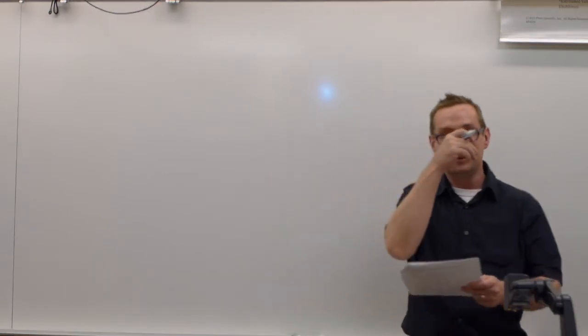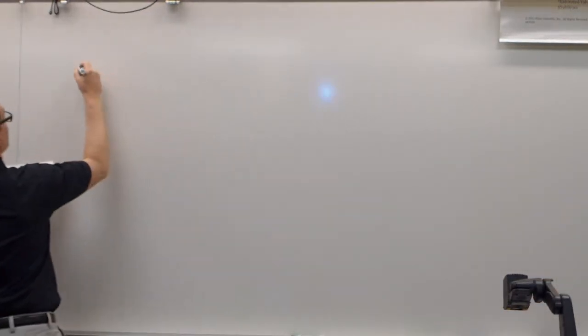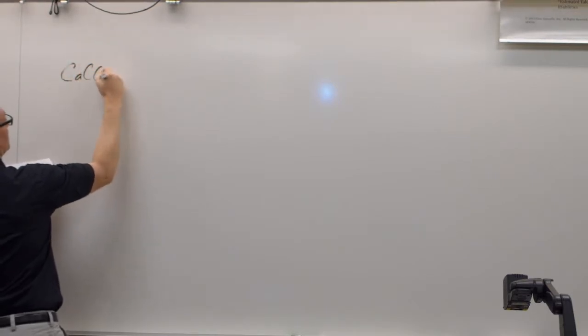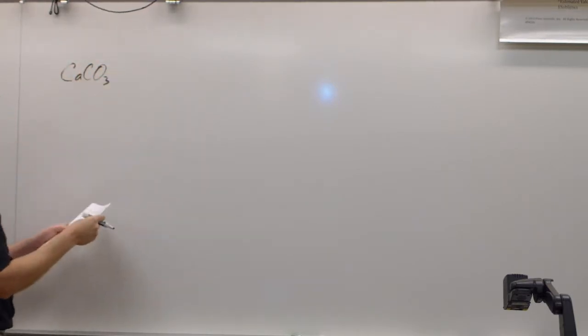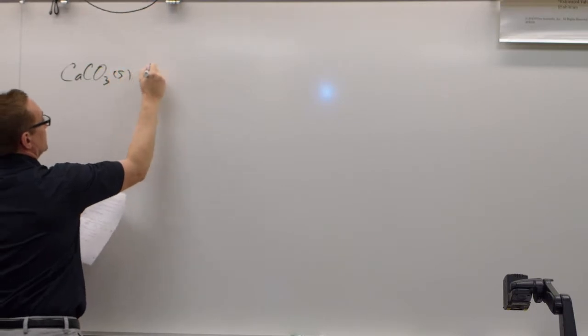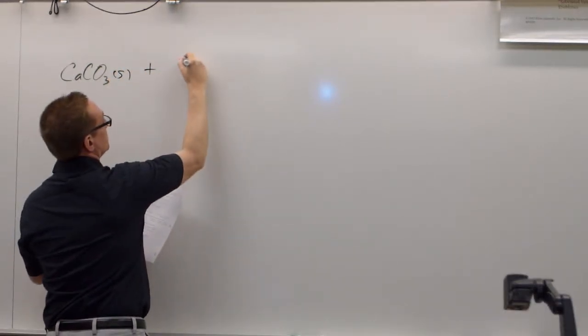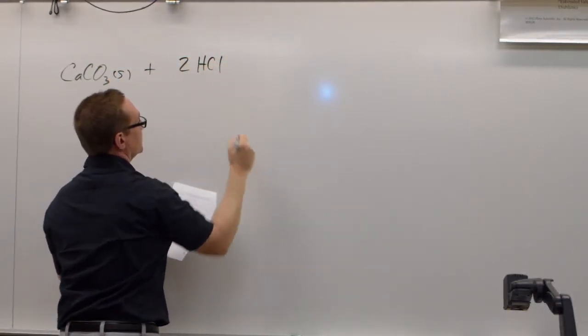What is the reaction? Calcium carbonate plus hydrochloric acid gives you calcium chloride plus carbonic acid and water. Right, so calcium carbonate reacts with HCl. We're actually going to do this reaction tomorrow, so it is a bit fitting.